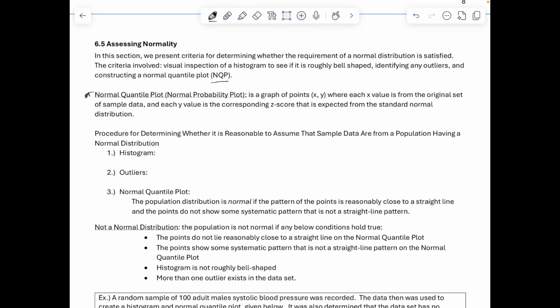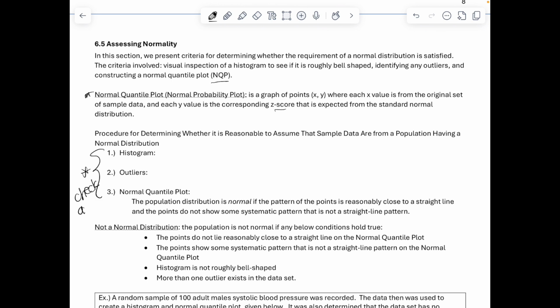So a normal quantile plot is a graph of points x and y where each x value is from the original set of sample data and each y value corresponds to a z-score that is expected from the standard normal distribution. Procedure for determining whether it is reasonable to assume the sample data are from a population having a normal distribution. Again, these are the 3 things that you need to check.